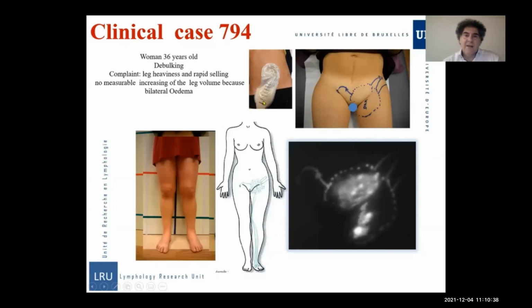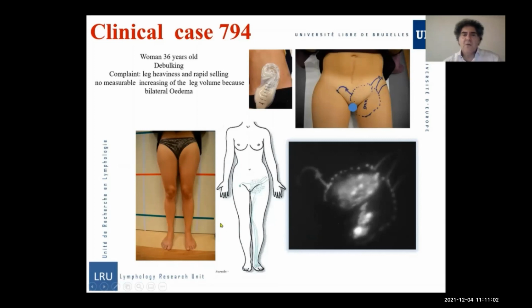This treatment was put into place very quickly, so the drain was installed and the multi-component bandages were placed very quickly on both limbs. And in a few days, the patient recovered her limbs, and they were completely normal, and even today. This is a patient that we're still following up with.